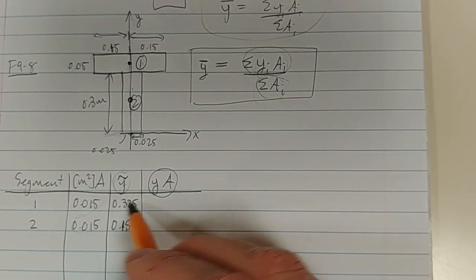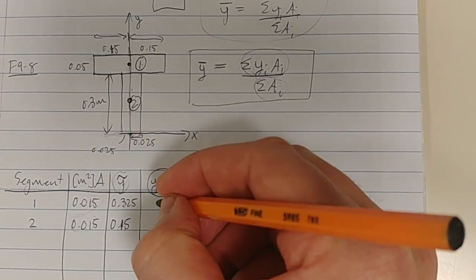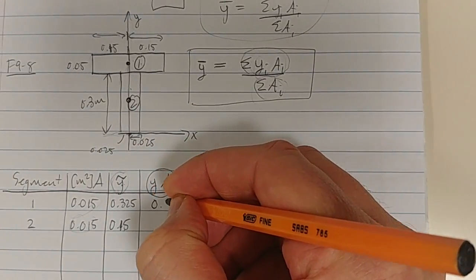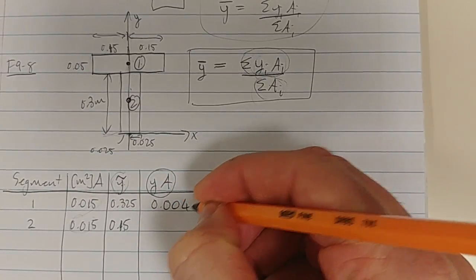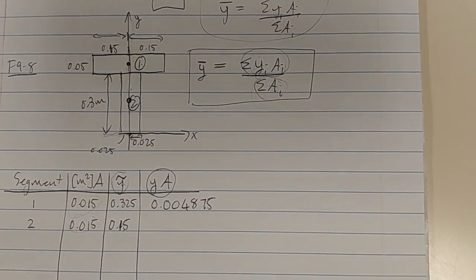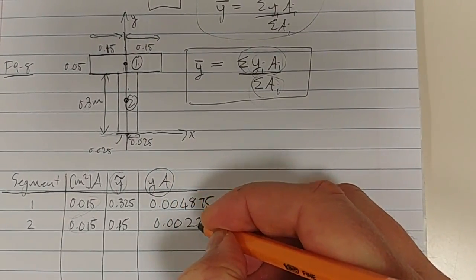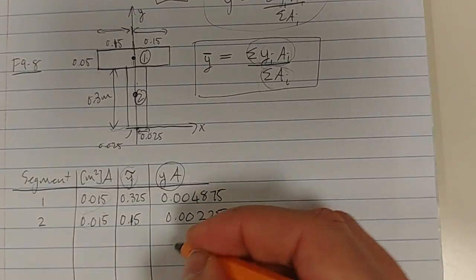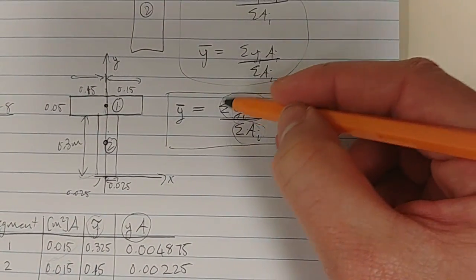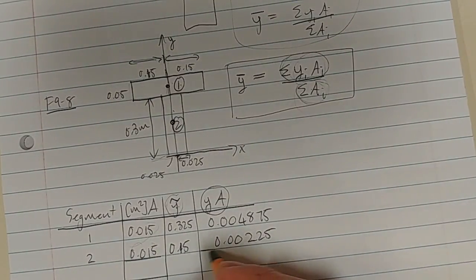So we just multiply these by each other, okay? 0.015 times 0.325 equals 0.004875. 0.015 times 0.15 is equal to 0.00225.